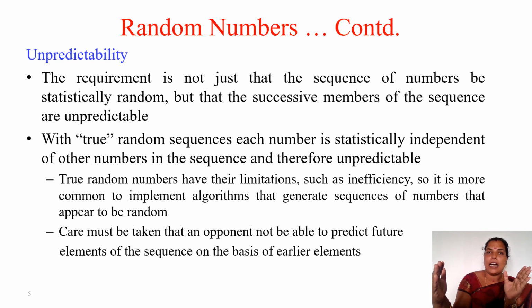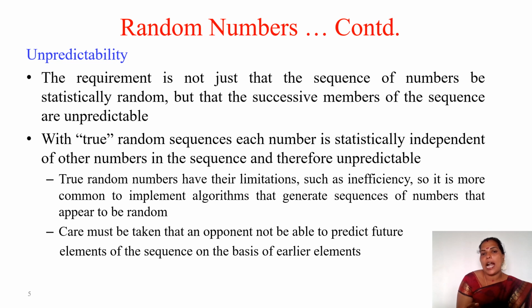For example, if the first 10 bits have one format, another 10 bits have another format, and then the next 10 bits follow the first block's pattern, the attacker can easily guess what the key may be. So statistically, we should not follow any patterns in the random number. That is unpredictability. With true random sequences, each number is statistically independent of other numbers in the sequence, and therefore we call it unpredictable.